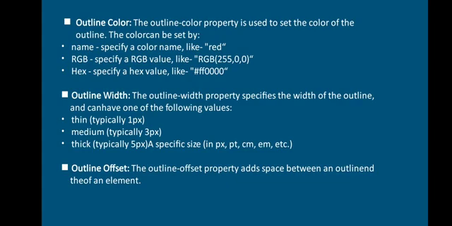Medium displays the outline in 3 pixel width. Thick displays the outline in 5 pixel width. If you want, for example, around 9 pixels, then outline width colon 9px displays the outline in 9 pixel width.